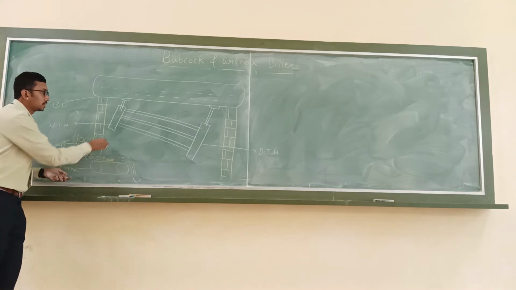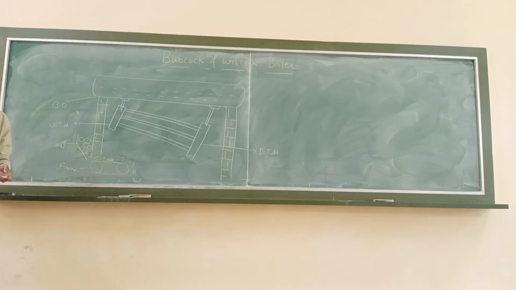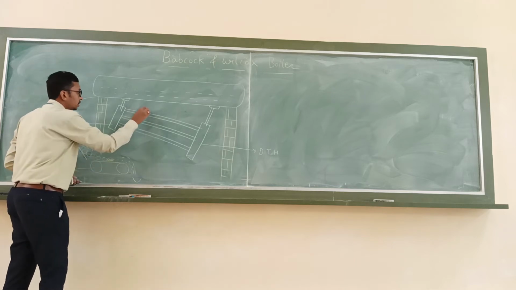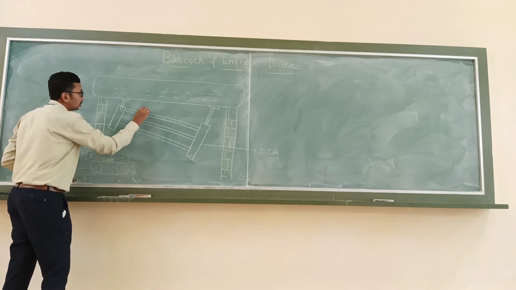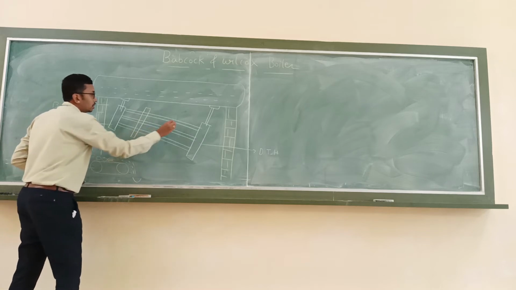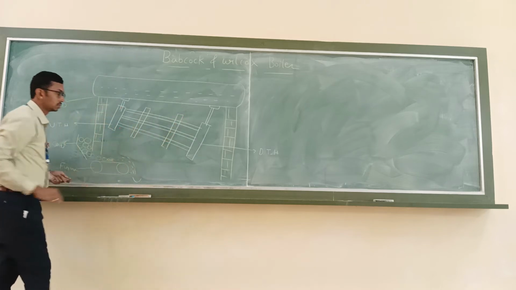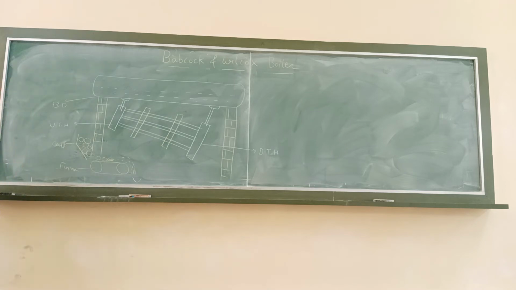So now I need to control the hot gases. I need to give the directions to the hot gases. I am going to give that with the help of baffle plates. What is the use of these baffle plates?